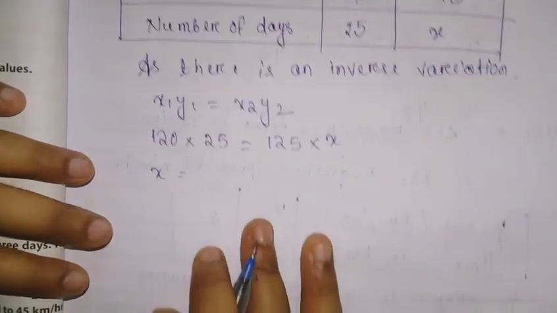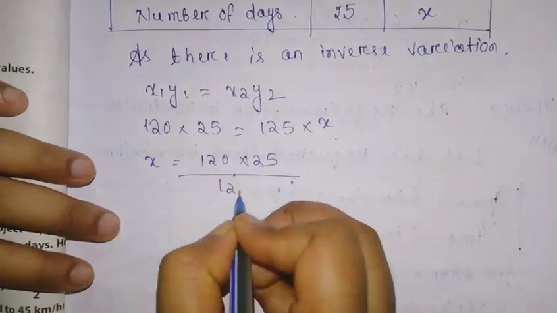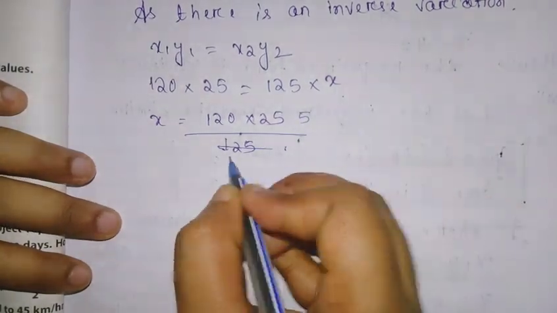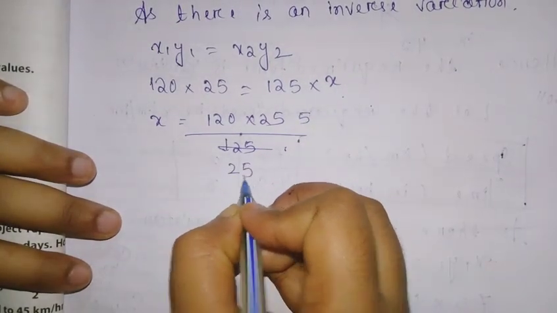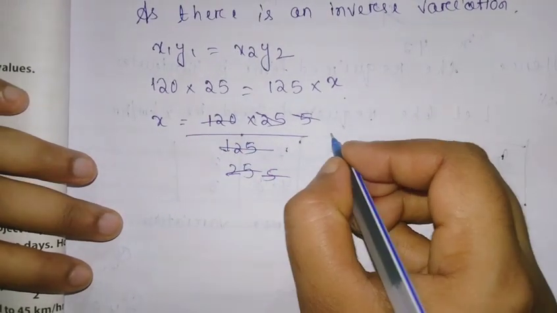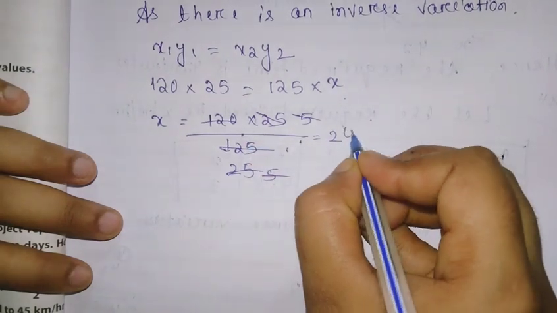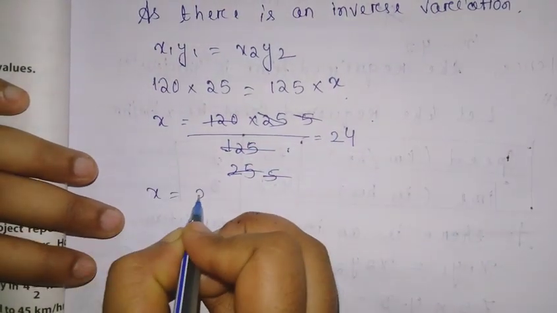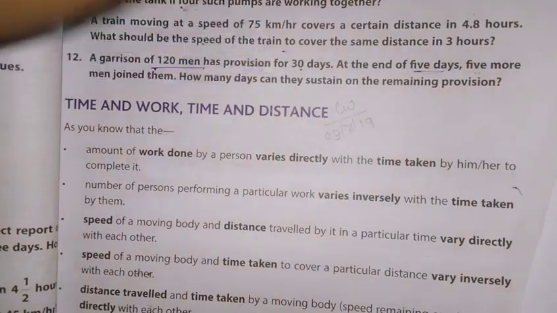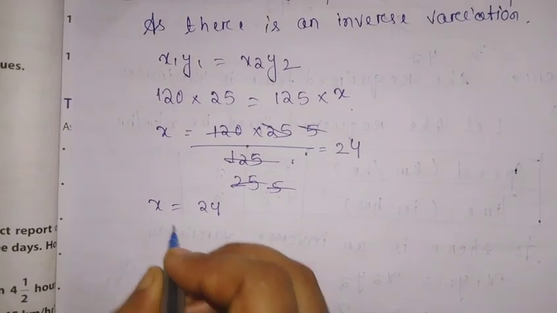Then x equals 120 into 25 divided by 125. Then 5 fives are 25, 5 twos are 10, 5 fours are 20. Then x equals 24. Hence, the remaining provision will last for 24 days.